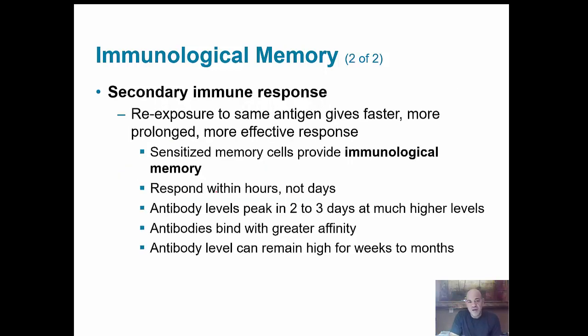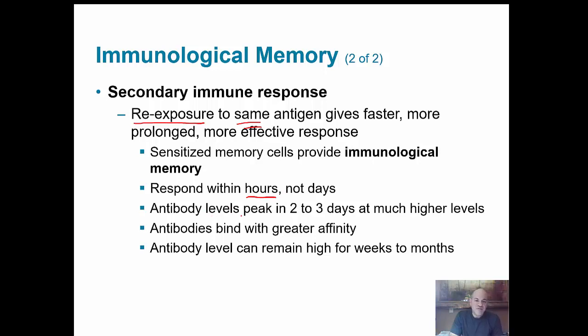In a secondary immune response, we have a re-exposure to the same antigen, and that gives a faster, more prolonged, and more effective response. The sensitized memory cells provide this immunological memory, and they're able to respond within hours, not days, as in the primary response.